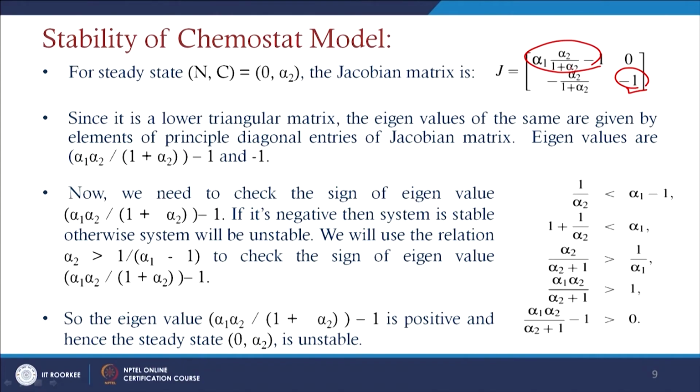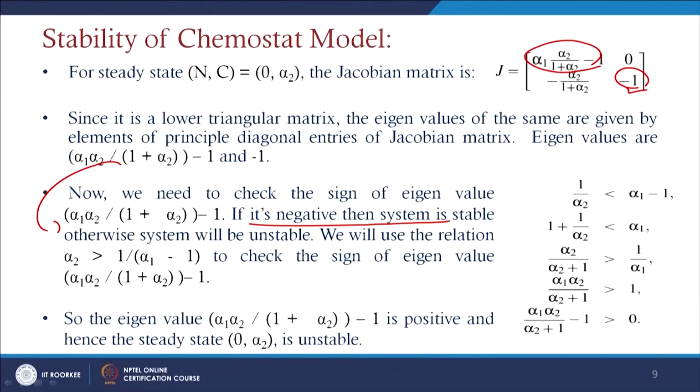The first factor is written as alpha 1 alpha 2 by 1 plus alpha 2 minus 1 here. And if it is negative, then the system is stable. Already I have explained that if we can write this expression in the form of e to the power minus lambda t, then as t tends to infinity it approaches 0.